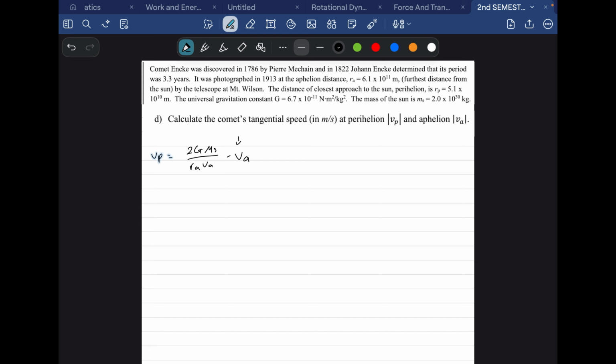This V apogee and V perigee. So we can replace V perigee with this equation right here. So we know that V perigee R perigee is equal to V apogee R apogee, right? So V perigee is equal to V apogee R apogee over R perigee. So we can replace it with that.